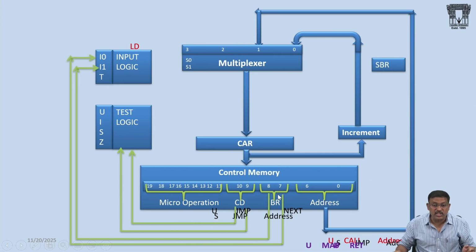Now branch bits 0, 1 are transferred to the input logic, input 0 and input 1. Now the test condition CD bits are transferred to the test logic. What are the CD bits? 0, 1. Branch bits are 0, 1. Now here the testing operation takes place. Yes, the condition is true. Verify it. If the condition is true, then load the branch address.